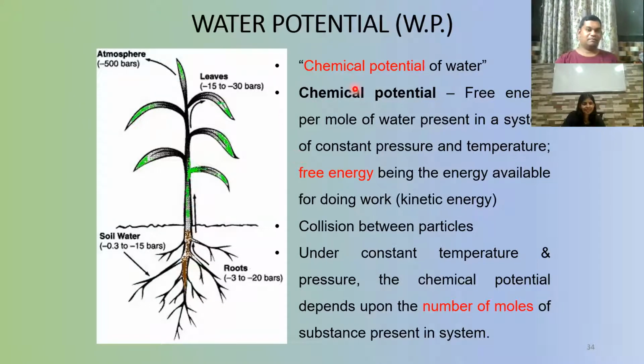Basically, this is a slightly bit of chemistry. In the beginning of this lesson, we saw the properties of water, its uniqueness, and why it is important for life. Water has its own chemical potential. In chemistry, you learn about this as the free energy per mole of water present in a system of constant pressure and temperature.